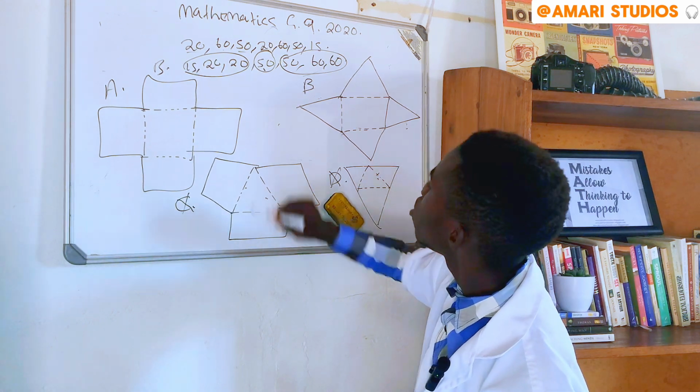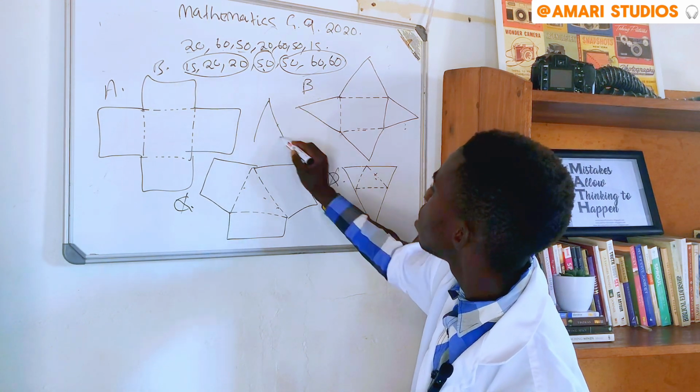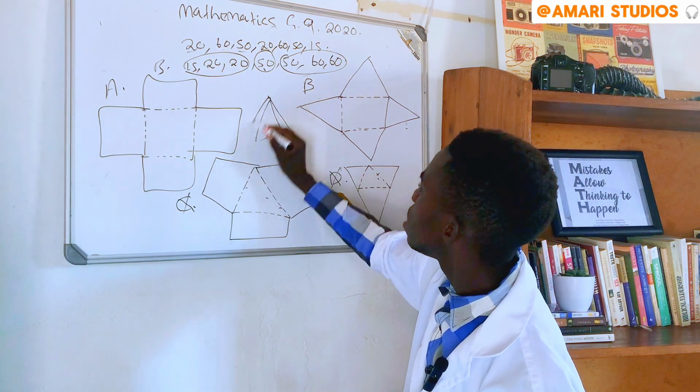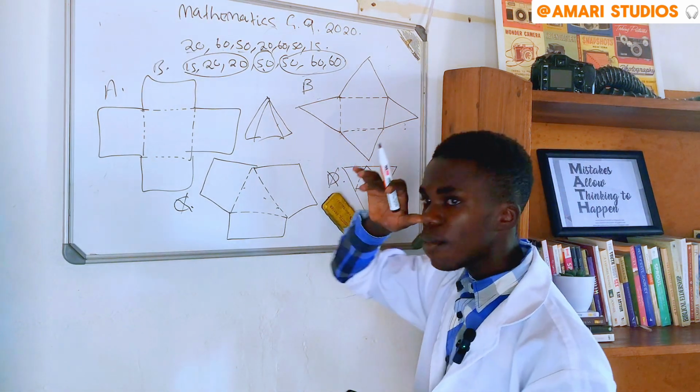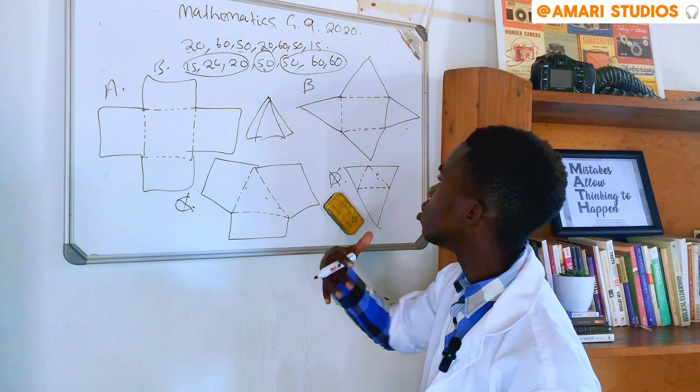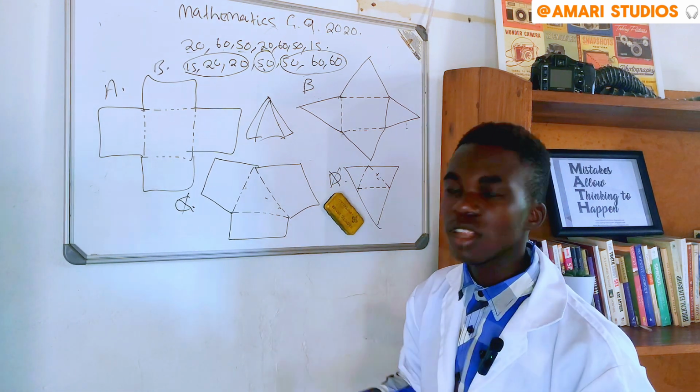When you talk about a pyramid, the pyramid always has triangles. This is how a pyramid looks. Think about the 3 pyramids of Egypt, they are in a triangular shape.